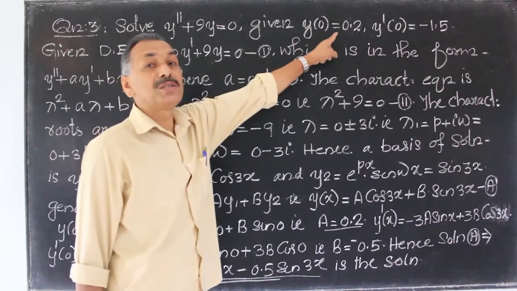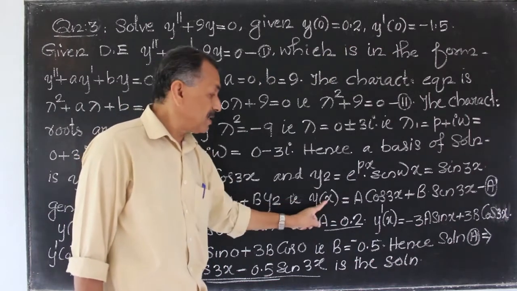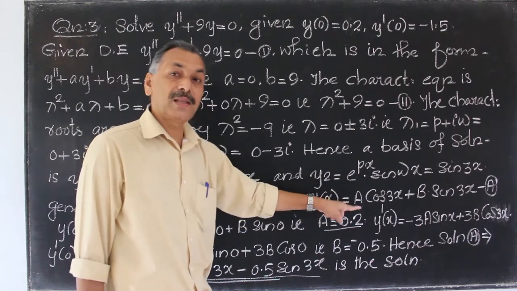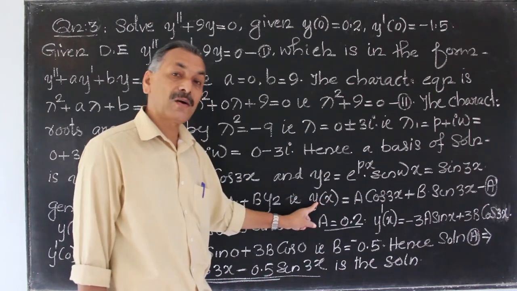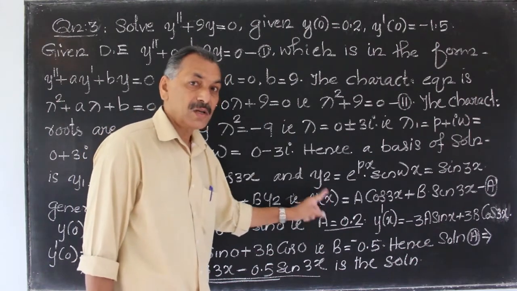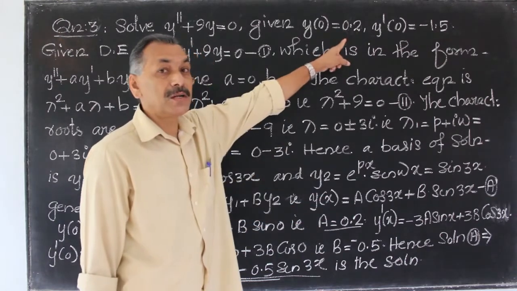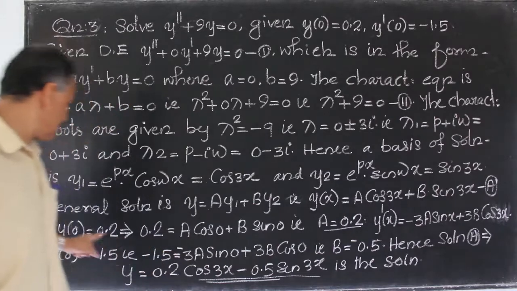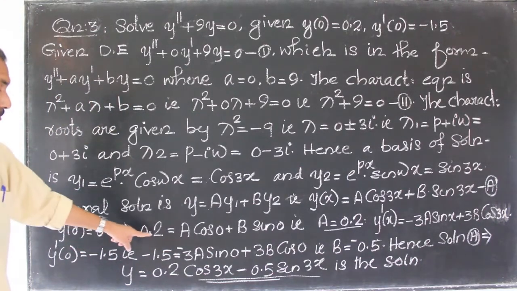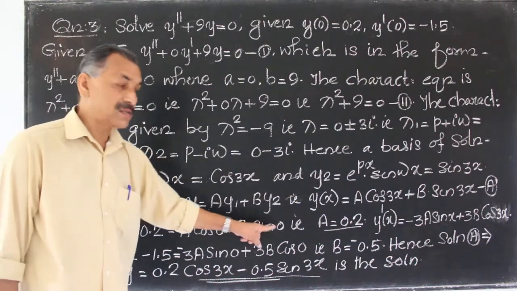Then given y of 0 is equal to 0.2. That means when x is equal to 0, y is equal to 0.2. So 0.2 is equal to a into cos 3 into 0, that is cos 0, plus b sin 0.